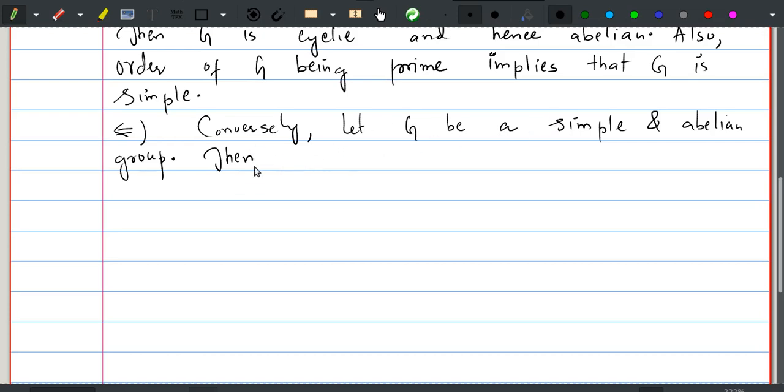Now G being abelian means any subgroup of G is normal.